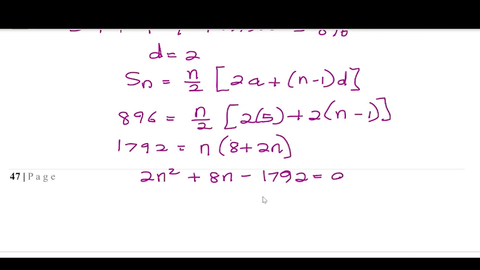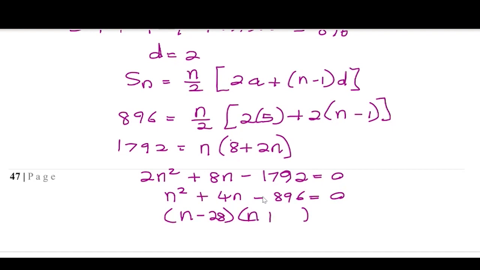I can divide all the terms on both sides through by 2. And I can either use a quadratic formula or I can show you the factorization. The factorization is actually n minus 28, n plus 32, and the final answer is just n equals 28.